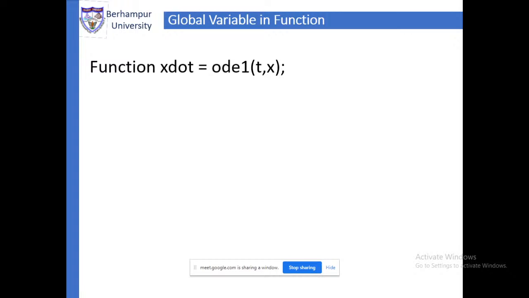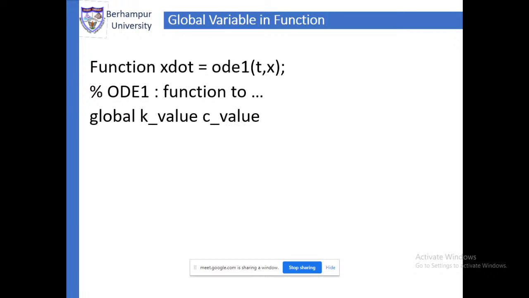Global variables in a function. Suppose you are using a function xdot is equal to ODE1 t x. ODE1 is a function to do a certain thing. ODE is usually ordinary differential equation, you are going to solve an ordinary differential equation. Now you can write global.